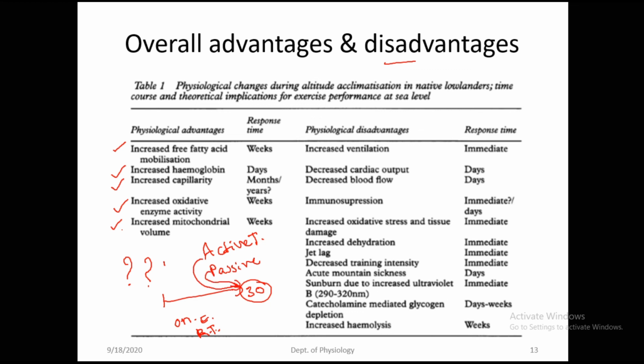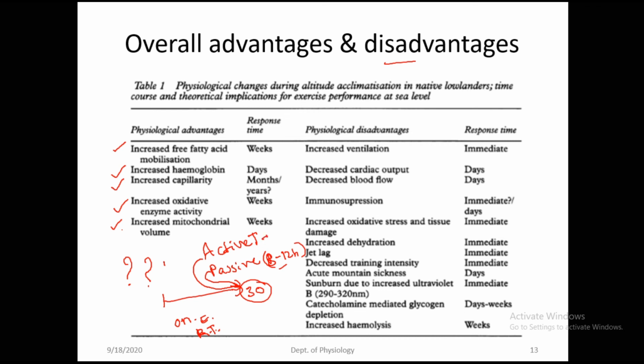Passive training means the player lives in the altitude chamber for 8 to 12 hours a day. Simply the player has to sleep or stay without any activity up to 12 hours a day. That means overnight, every day up to 30 days. Right, this comes under passive training.